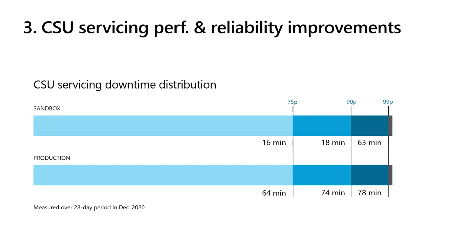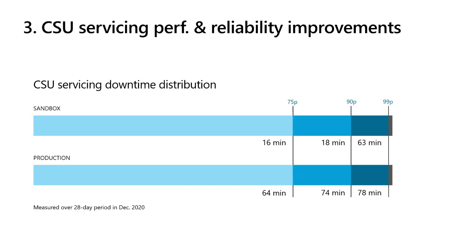The second thing we've done is that our execution engine for CSU deployments was running into some reliability challenges. So we overhauled the execution engine and used a much more scalable and much more reliable piece of infrastructure. So we see far fewer instances of really complex deployments timing out or running into error conditions.